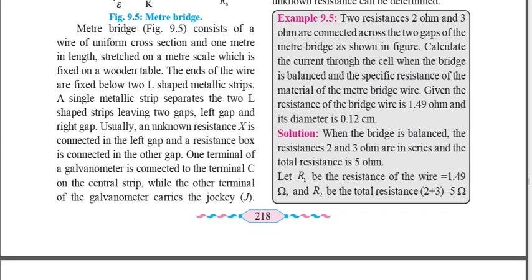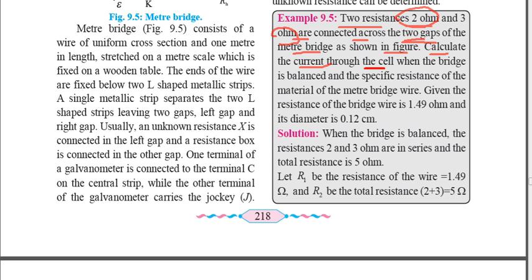Then we take one example. Two resistances of 2 ohm and 3 ohm are connected across the two gaps of the meter bridge as shown in the figure. So the two resistances are connected between the two gaps of the meter bridge.